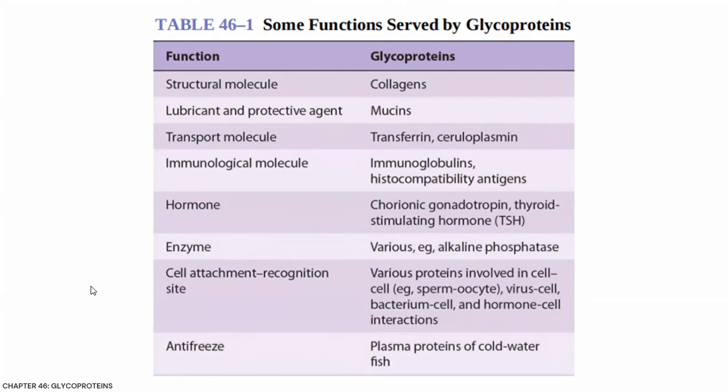Now, this is also important in attachment of virus to the cell, just like the coronavirus attaching to our normal cells and destroying it. Or bacteria that attaches to the cell.